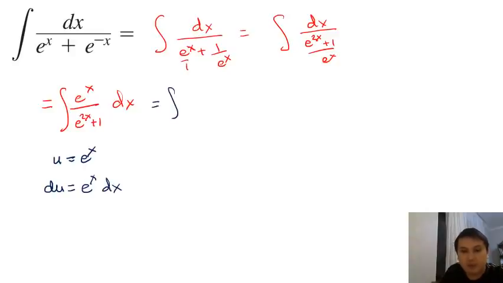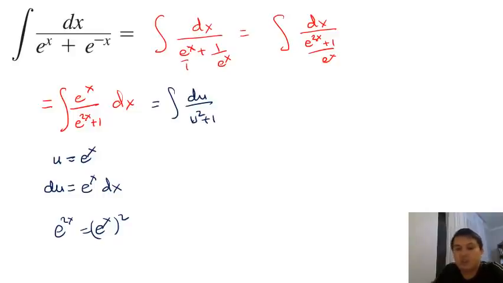Great. Now, I already have e^x times dx at the top, so that becomes simply du, right? And at the bottom, what is e to the 2x? Well, you can write it as e^x squared. And I know that e^x is u, right? So this becomes simply u squared plus 1.